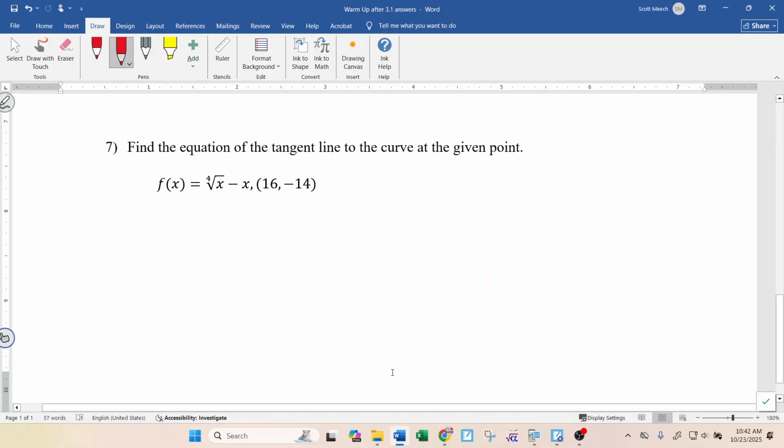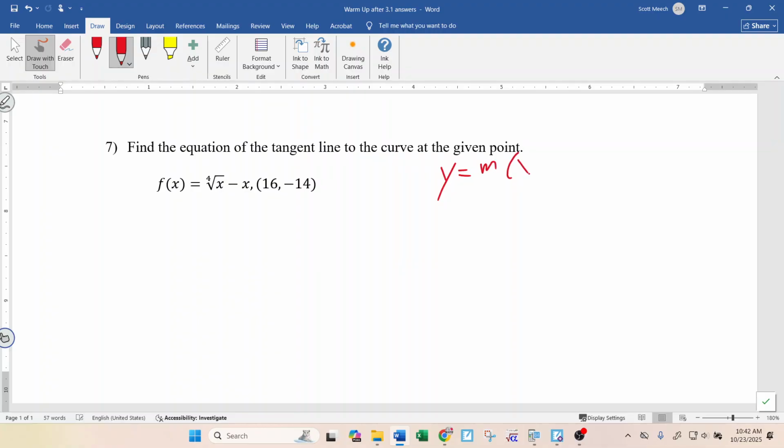So we want to find the equation of our line, y equals m times (x minus x1) plus y1, right? But this m right here is just f prime of negative 1.